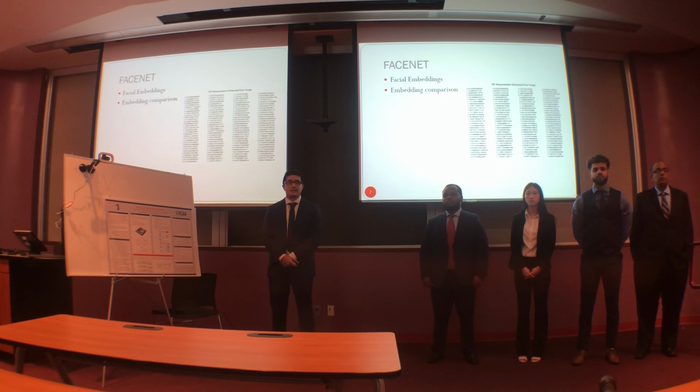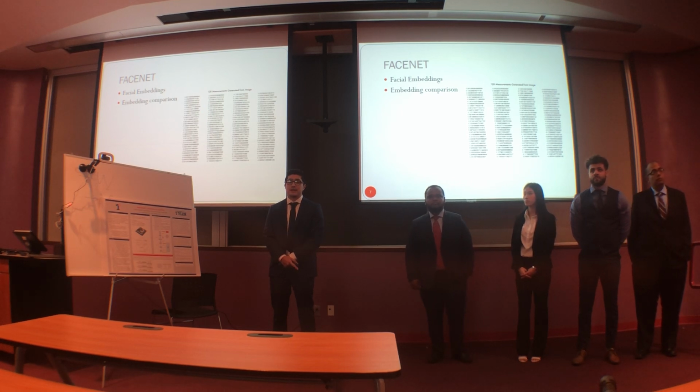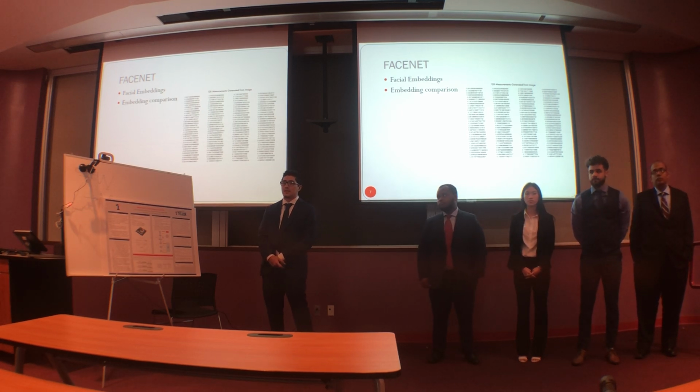An embedding is a numerical representation of a face in the form of a multidimensional vector. The identification process happens by the comparison of embeddings. So an identification match is made whenever a comparison yields the smallest difference.